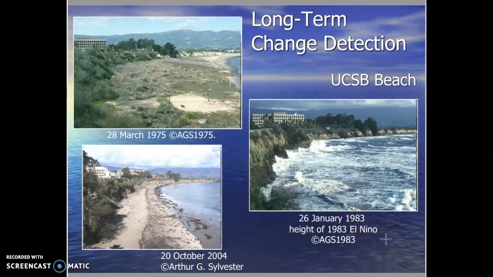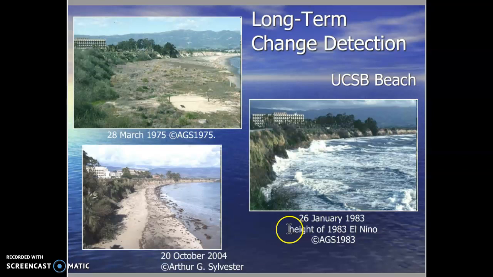This is 1983 in January. It was at the height of the 82-83 El Nino season, which was quite devastating to the West Coast. And you can see it eroded away completely back. And then here in 2004, what you're seeing is that there's been recovery.